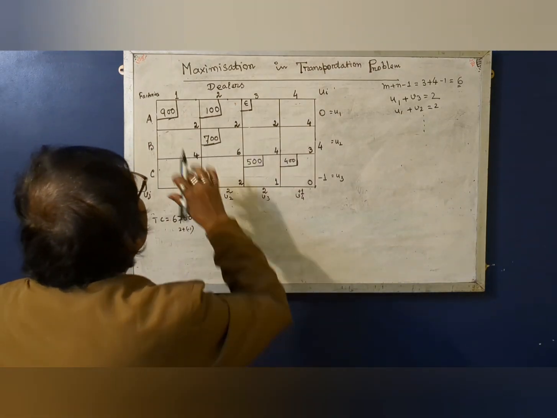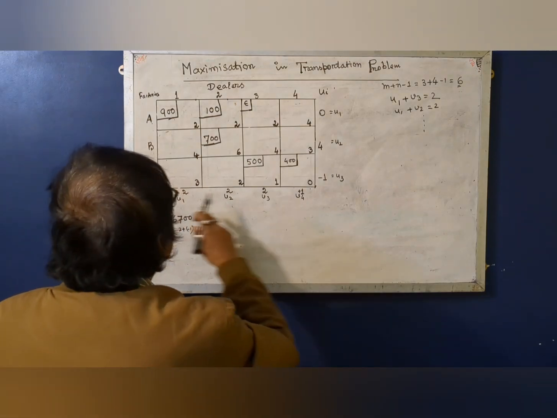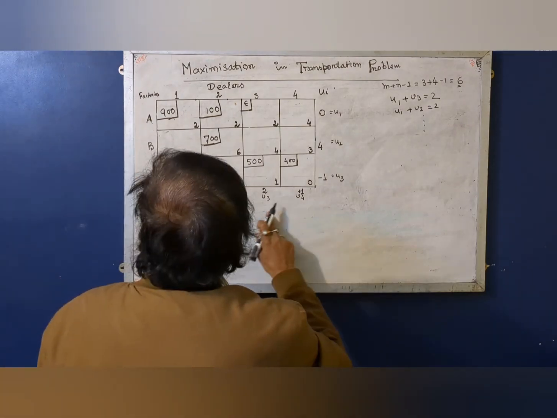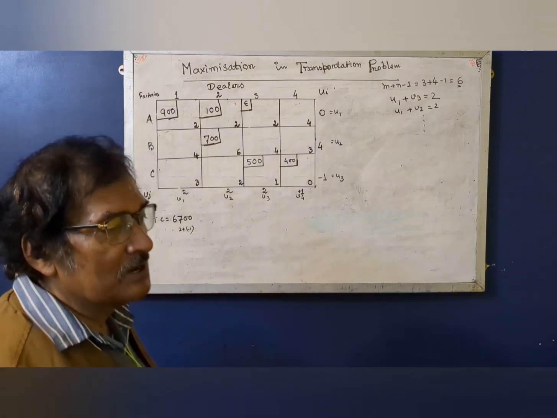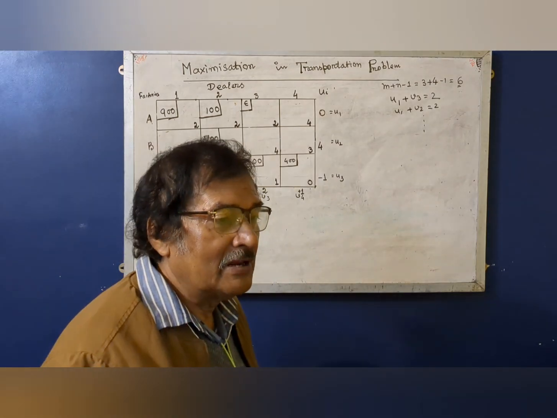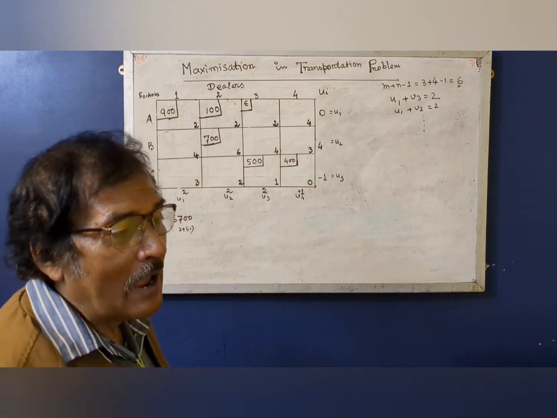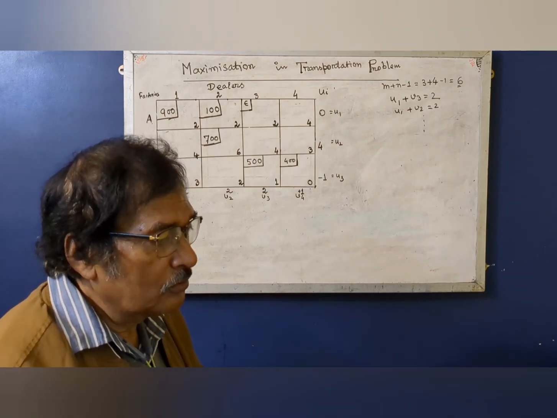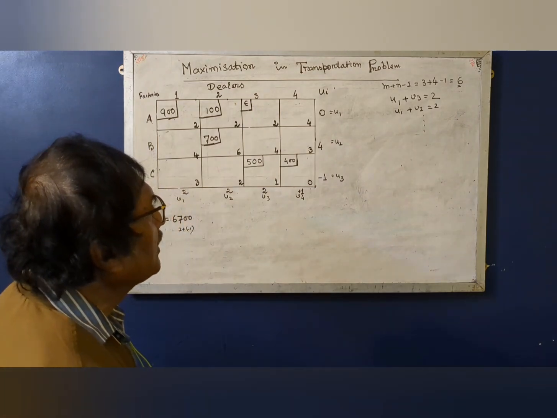How many equations will you get? 6 equations. But how many variables are here? 7 variables, because 4 columns and 3 rows. So you have 6 equations, but you have to find out 7 variables. That's why the solution will not be unique. You have to put at least one variable equal to 0. Only in that case can you find the others.